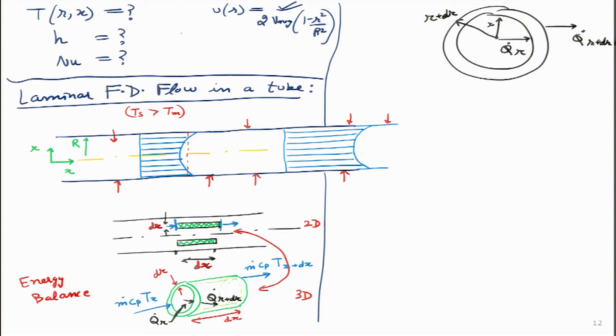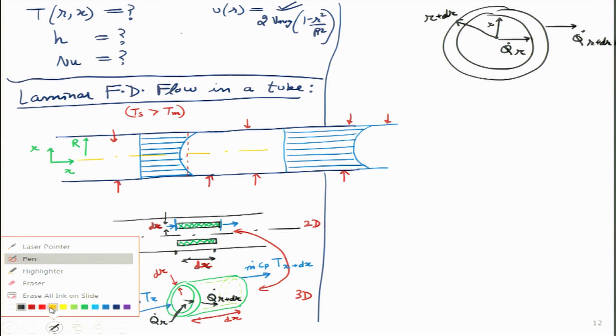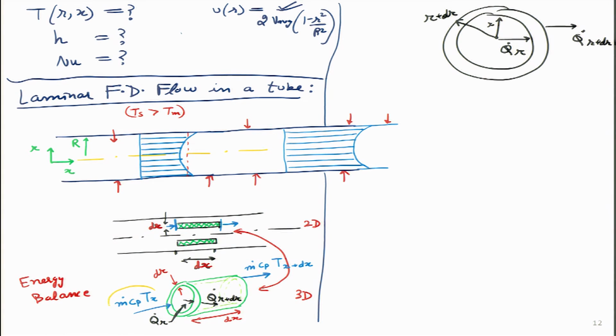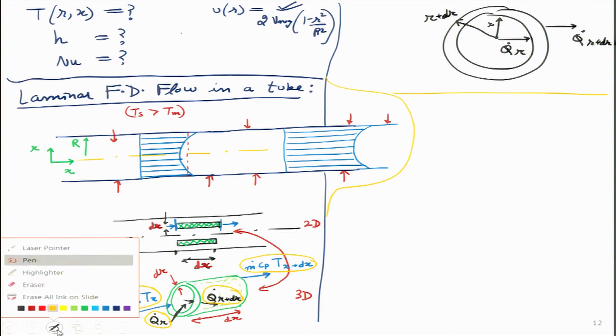Now I have these 4 terms available with me, and let me circle them. The first term is this energy term, the second term is this one, the third term is this q dot r and r plus dr, and the fourth term is over here, which means whatever is entering my cylinder in terms of heat must be leaving the cylinder.